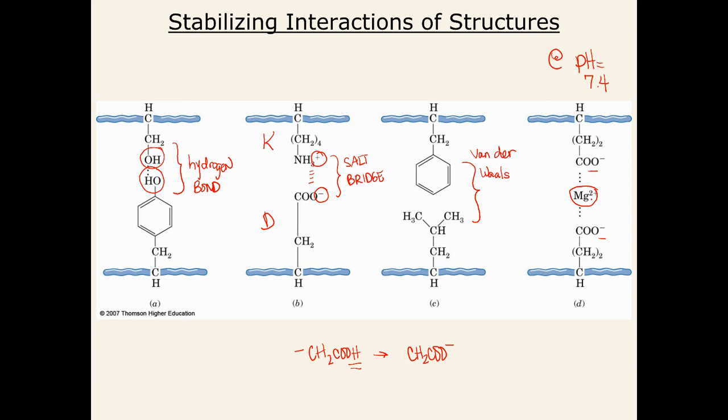Okay, that is glutamate there being shown. So that's our metal ion. But I think for right now, most important are these three stabilizing factors: hydrogen bonding, salt bridge, and van der Waals. These help stabilize the protein as it folds into its one three-dimensional shape that gives it its ability to function.